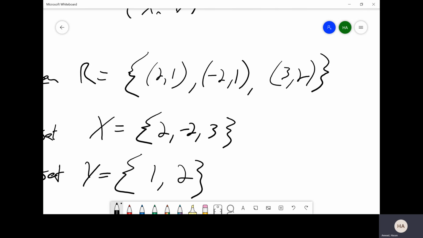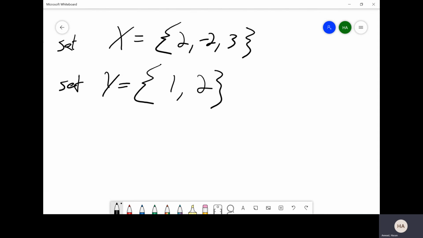Since those are the only 3 points in our relation, x does not repeat. These are all distinct numbers. So yes, this is in fact a function. I would just write R is a function.